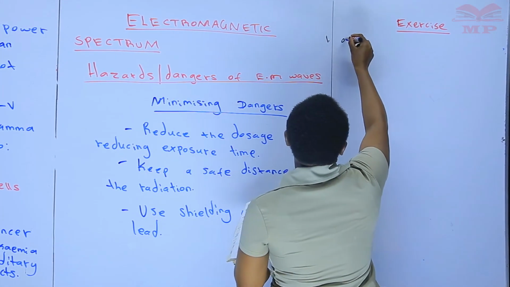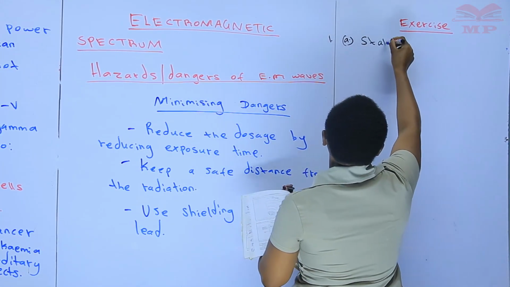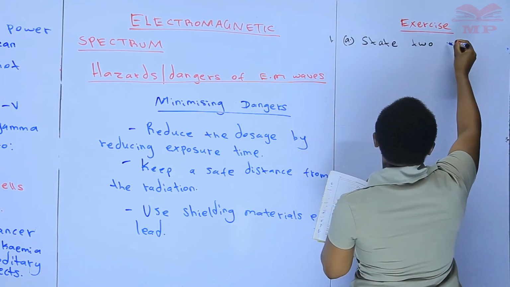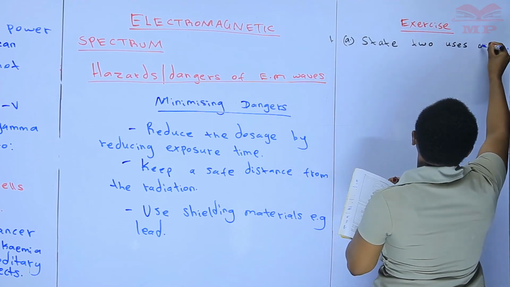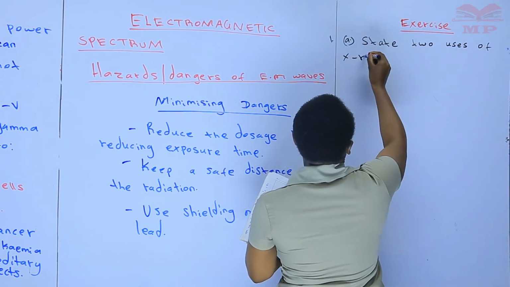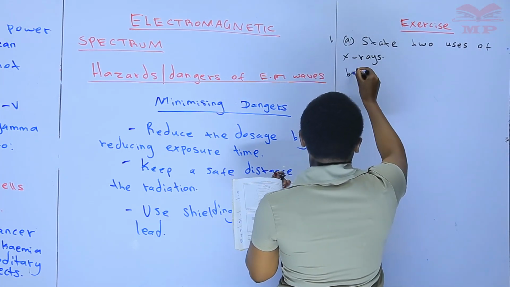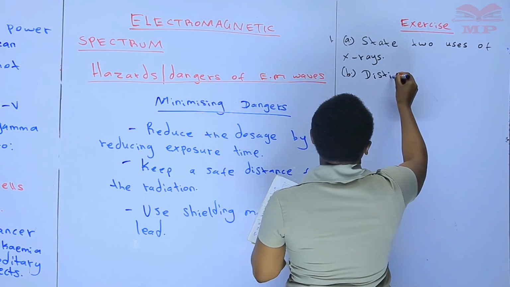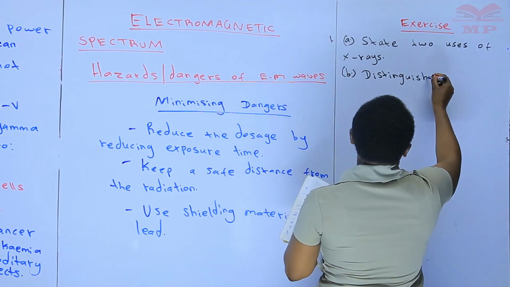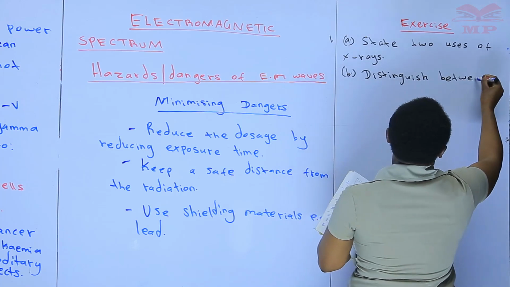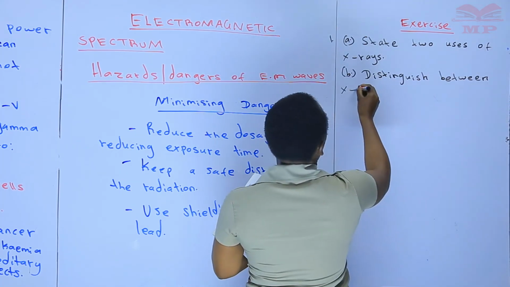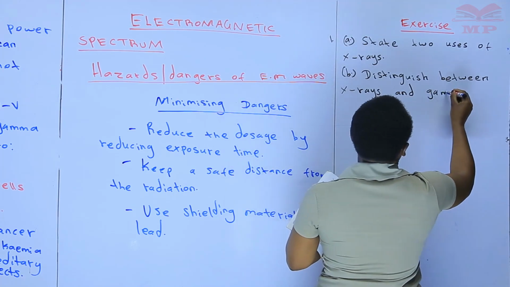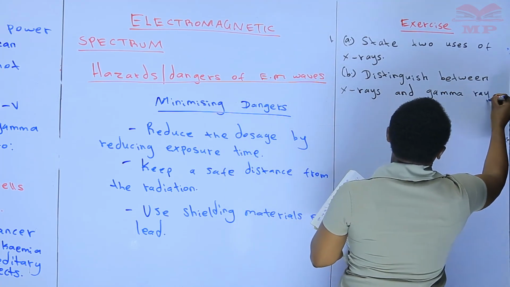So number 1A. State two uses of X-rays. And number B of that, distinguish between X-rays and gamma rays.